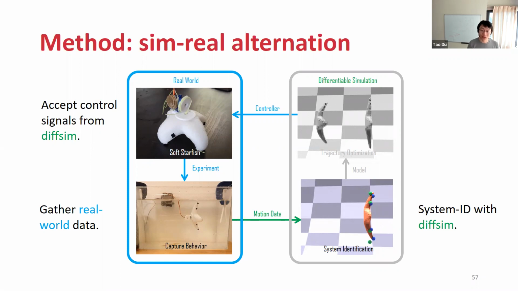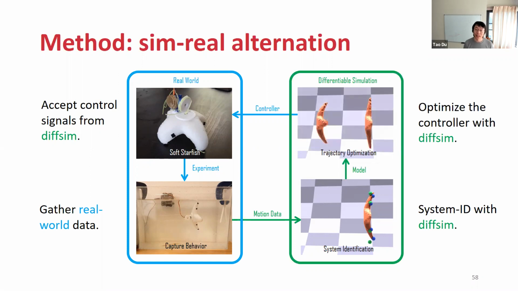We use this to formulate an optimization problem. Specifically, we are trying to narrow down the discrepancy between the simulated motion and the observed motion. By running the gradient descent algorithm, we're able to identify the material parameters as well as the hydrodynamic parameters of the soft starfish.